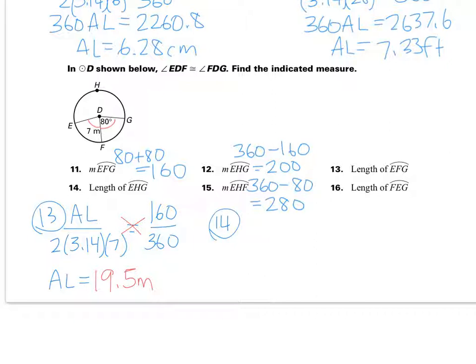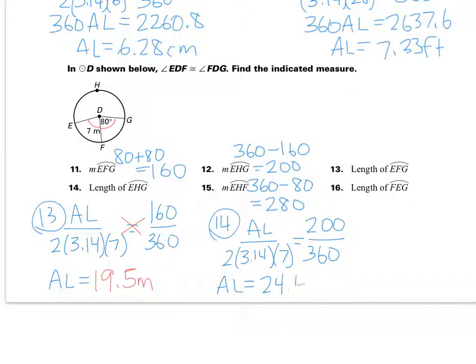14, same thing, EHG. So AL over circumference. And we need to know the measurement of it's 200 from number 12. So the arc length would be, again, cross products equal.